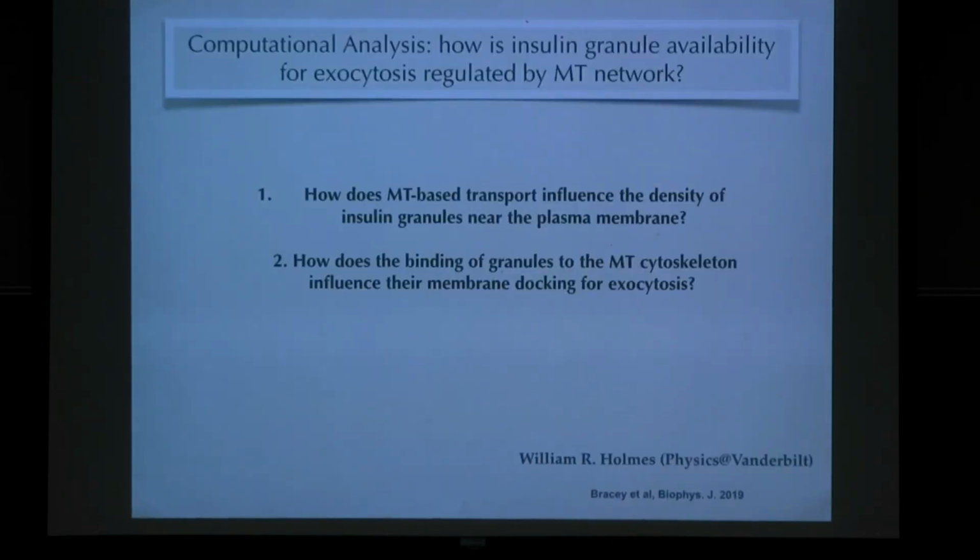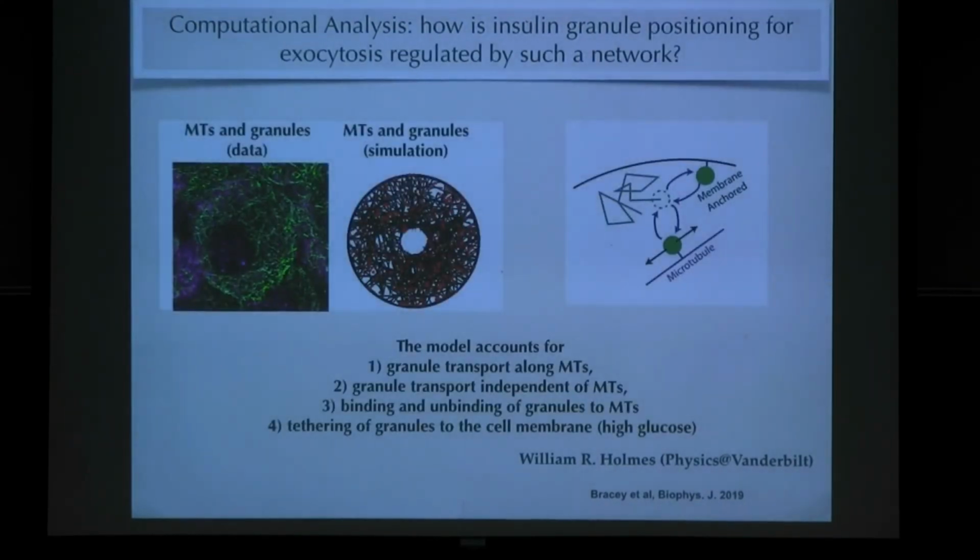And this is where Bill's model comes in, and he built a model in order to answer two questions. One is how the accumulation of granules in the cell periphery is regulated by microtubule transport under these conditions, and also what is going on with membrane binding, membrane docking for exocytosis, and how this is regulated by microtubule network transport.